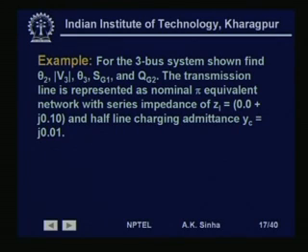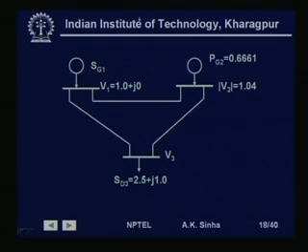We will take a small 3 bus system as shown in the figure. Here we have a 3 bus system. This is bus 1, this is bus 2 and this is bus 3. Now, bus 1 we have chosen as a slack bus. So, here the voltage magnitude as well as angle is specified.